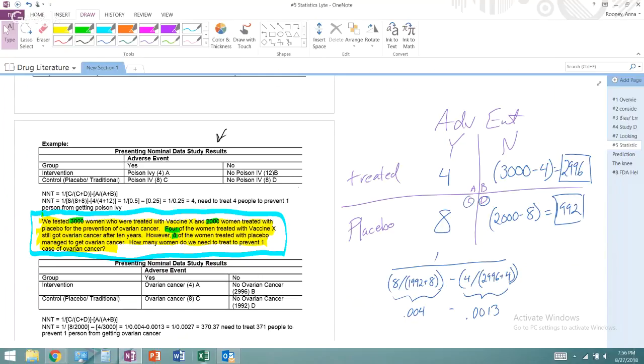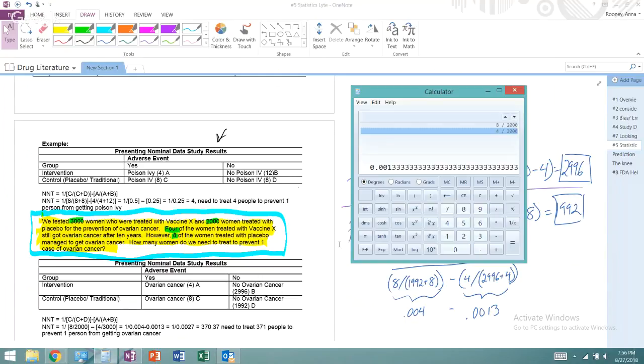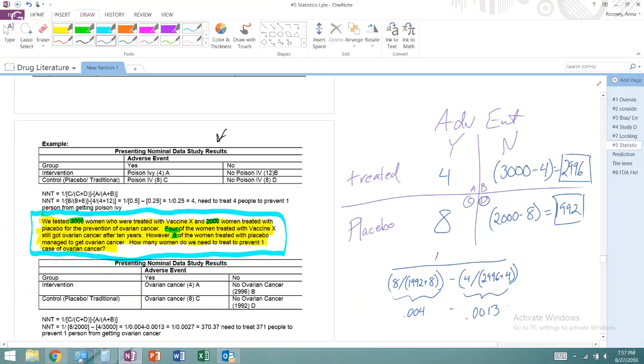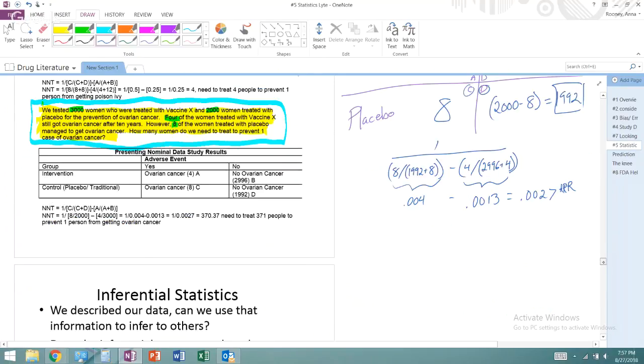So 0.004 minus 0.0013, okay, equals 0.0027. And then this is your ARR, not your NNT. Your NNT will always be a big, nice round number.